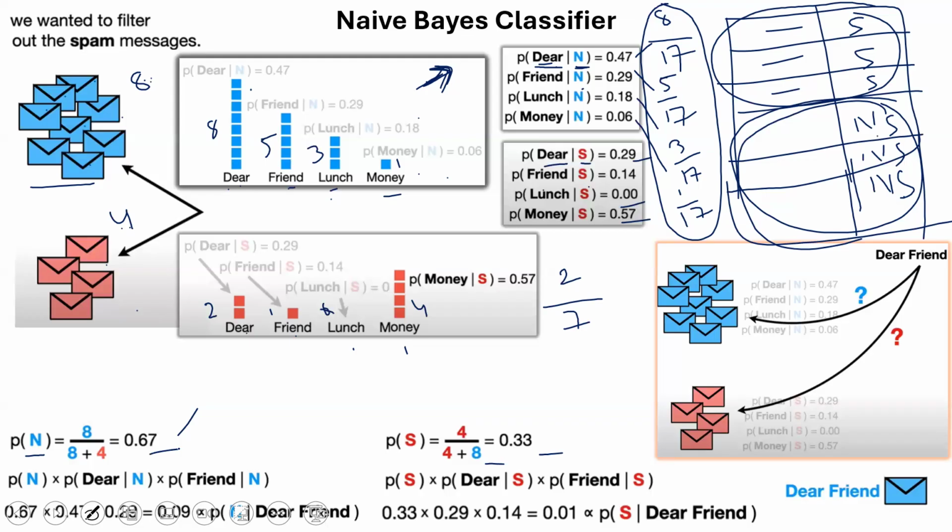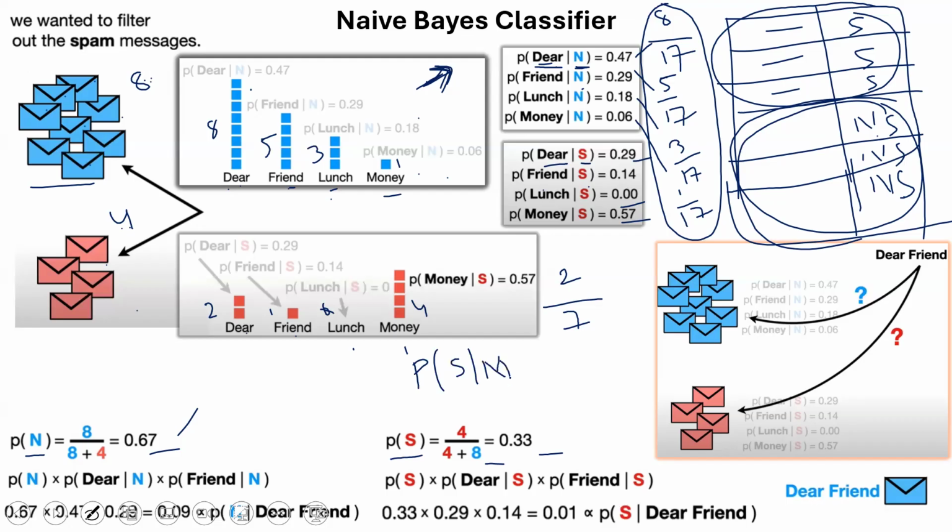And then these are the likelihoods that we have got. Now, if you look at the Bayes rule, the denominators will actually be the same. The denominators for calculating, given a new message, considering a spam email.